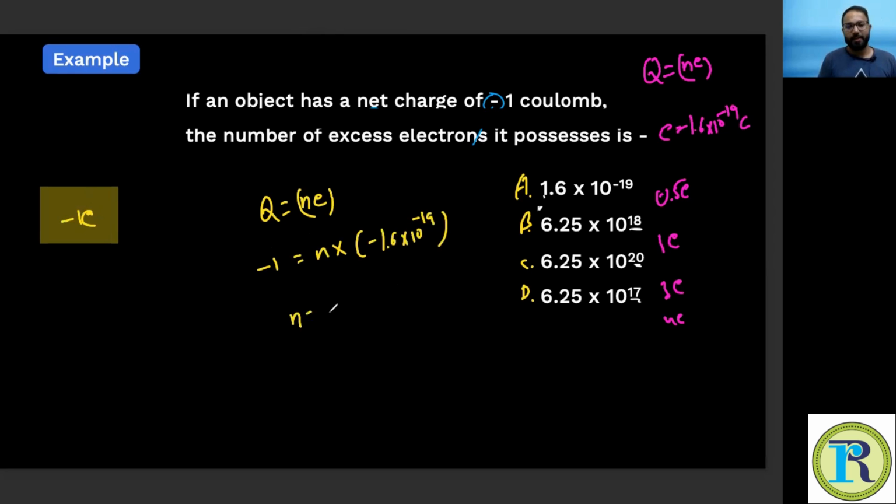So n will be 1 divided by 1.6 into 10⁻¹⁹. So the answer will be B.